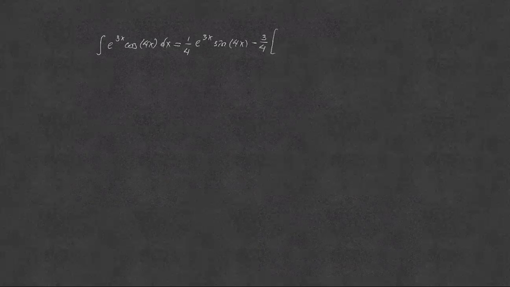So it is negative 1/4 e to the 3x cosine 4x and plus 3/4 again, and then we have the integral of e to the 3x cosine 4x dx.